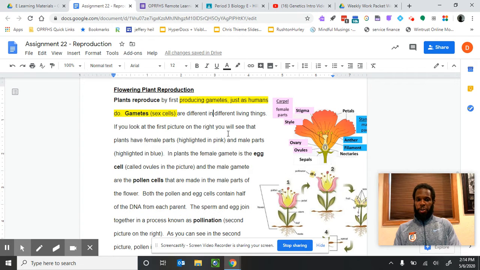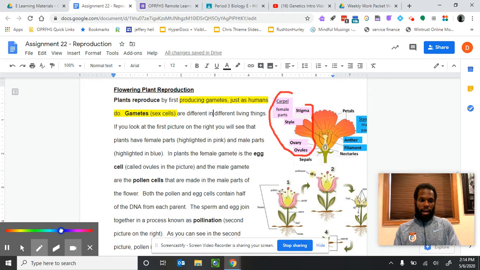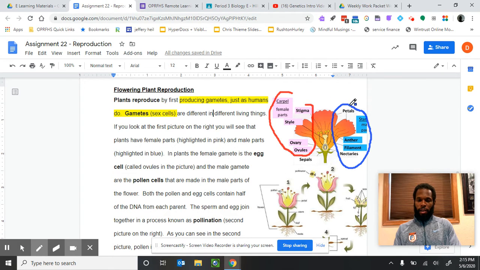If you look at the picture to the right, you will see plants have female parts highlighted in pink and male parts highlighted in blue. So we see these are all the female parts right here in red. And then we have kind of the male parts over here in blue. So they have female parts and male parts just on one plant.